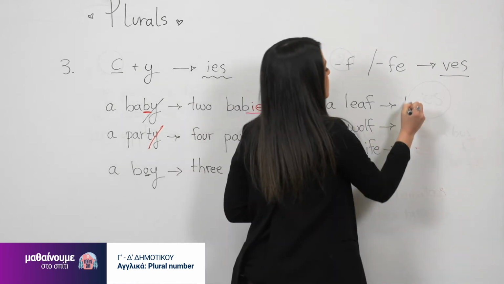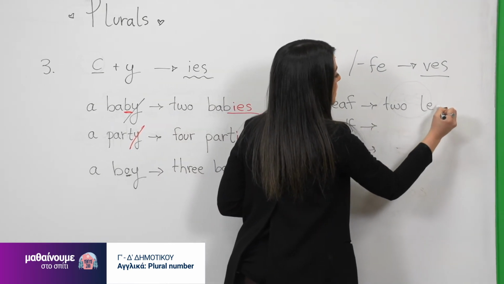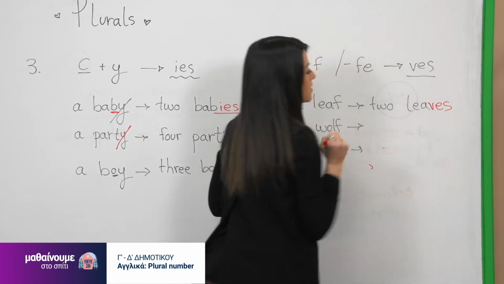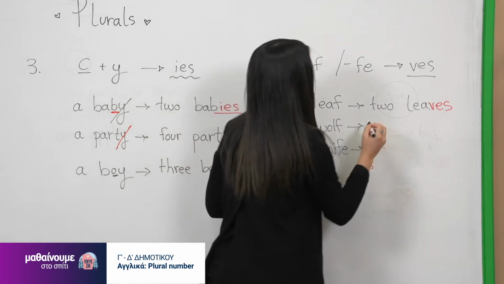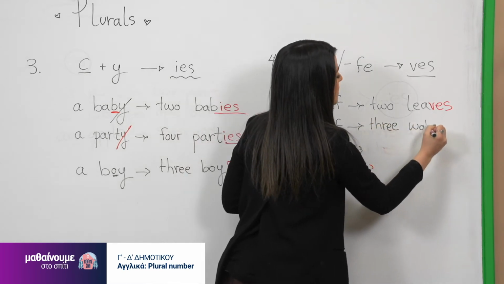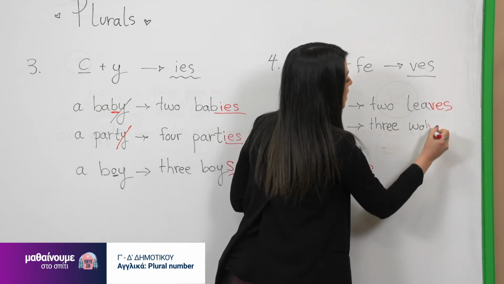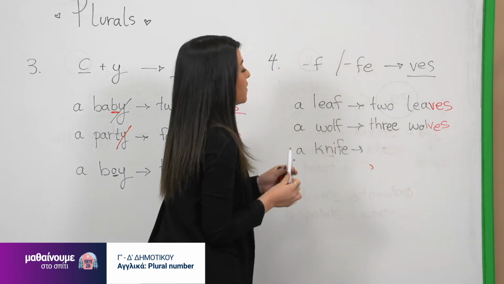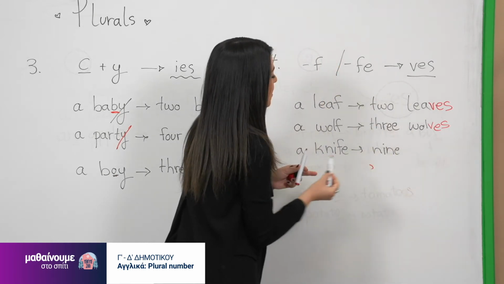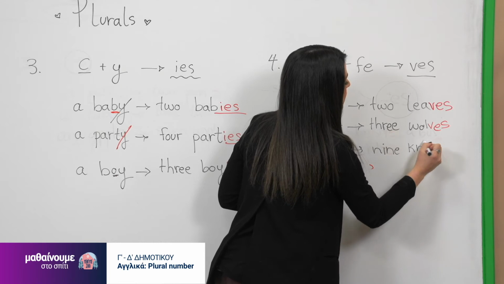A leaf, 2 leaves, VES, okay? A wolf, 3 wolves, VES. And a knife, 9, I'm just writing any number, it doesn't matter, 9 knives.